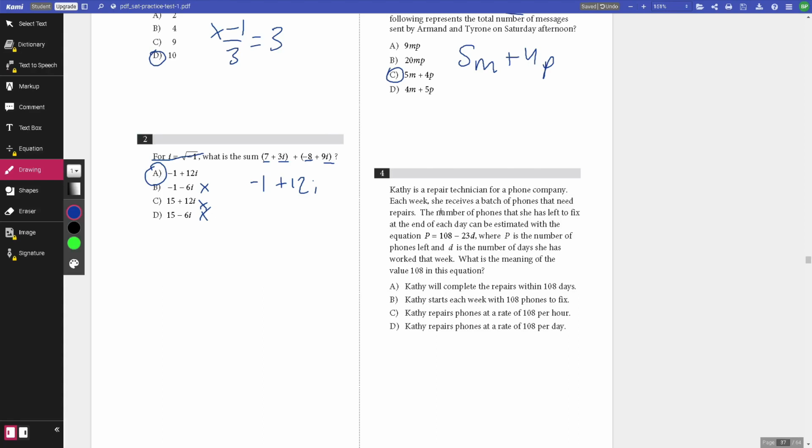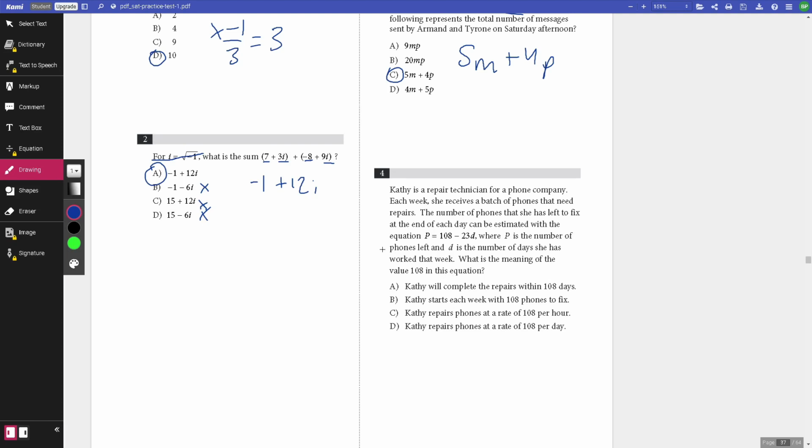Number 4. Kathy is a repair technician for a phone company. Each week she receives a batch of phones that need repairs. The number of phones that she has left to fix at the end of the day can be estimated with the equation P equals 108 minus 23D, where P is the number of phones left and D is the number of days she has worked that week. What is the meaning of 108 in this equation?